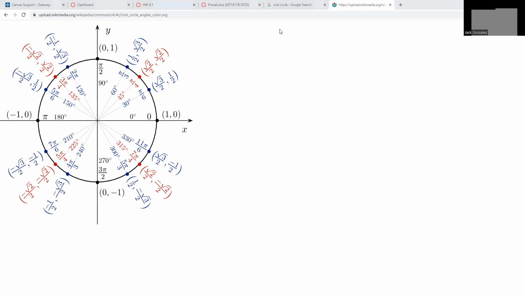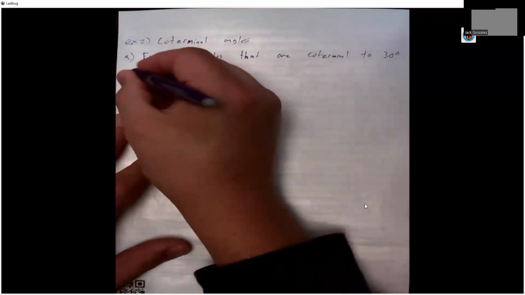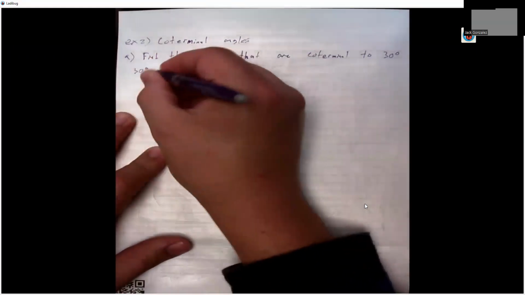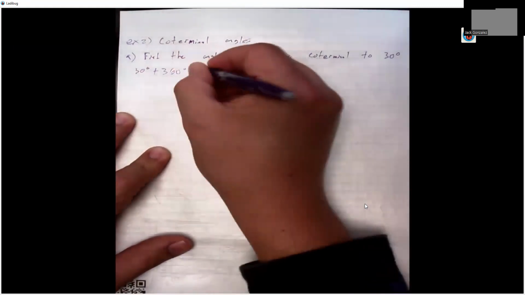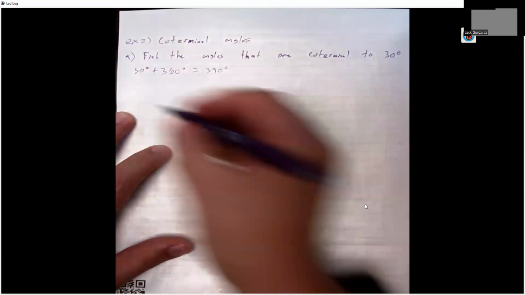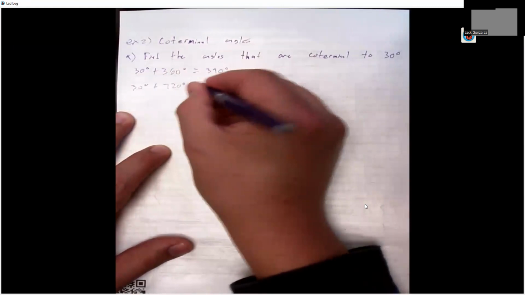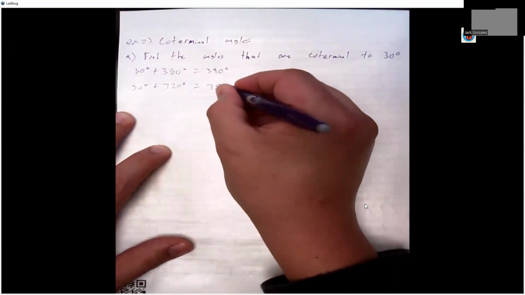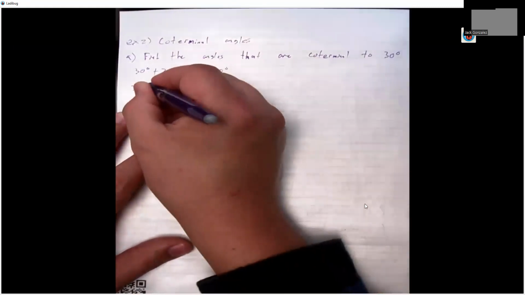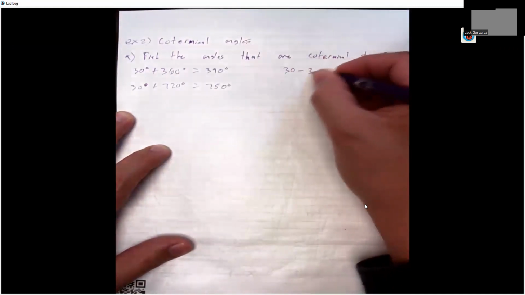Negatives, like negative to 30? Yeah. Let's go ahead and do that. Let's write down a couple of them. So 30 degrees, if I add 360, I get another angle that is the exact same spot. If I add 2 circles, I get another angle that's the same deal. And as you guys said, if you subtract, you can get there too.